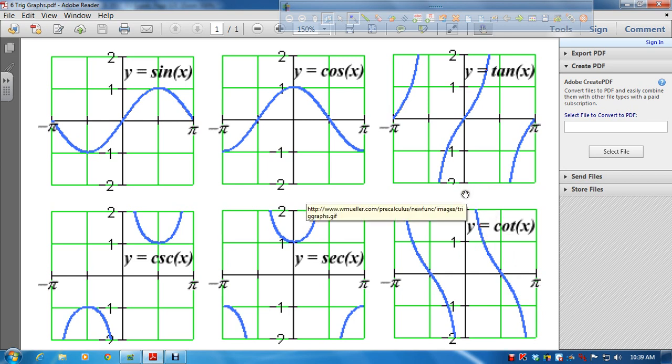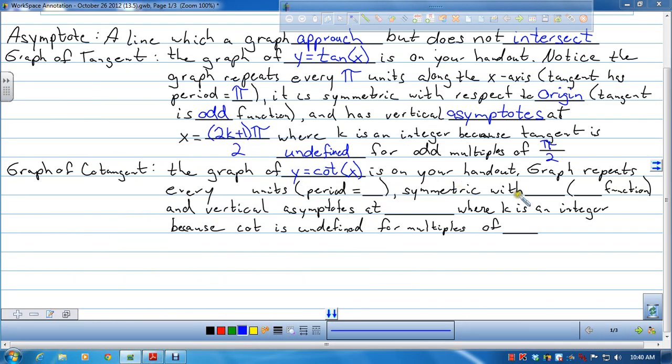It also seems to appear that the asymptotes are in a different location, right? They're here on the y-axis, here at pi, here at negative pi. So those are some differences between the tangent and its reciprocal function, cotangent. But what's not different is this graph is going to repeat every pi units as well. It's just that it has been shifted, right? That period, therefore, equals pi.